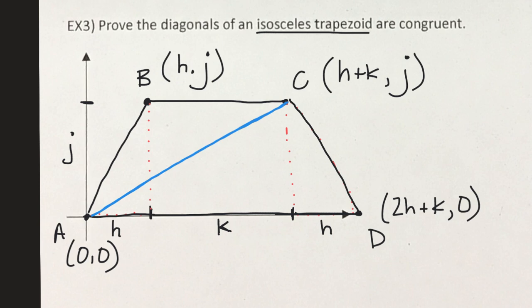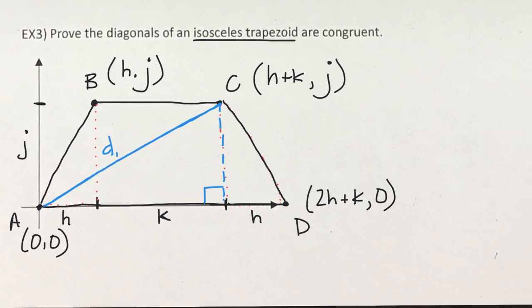Okay, so what we're going to do is we're going to drop in our vertical line here and make a right triangle so that I can figure out this length by using the Pythagorean theorem. If you can make right triangles, then you can use all kinds of nice algebra or kind of geometry here.